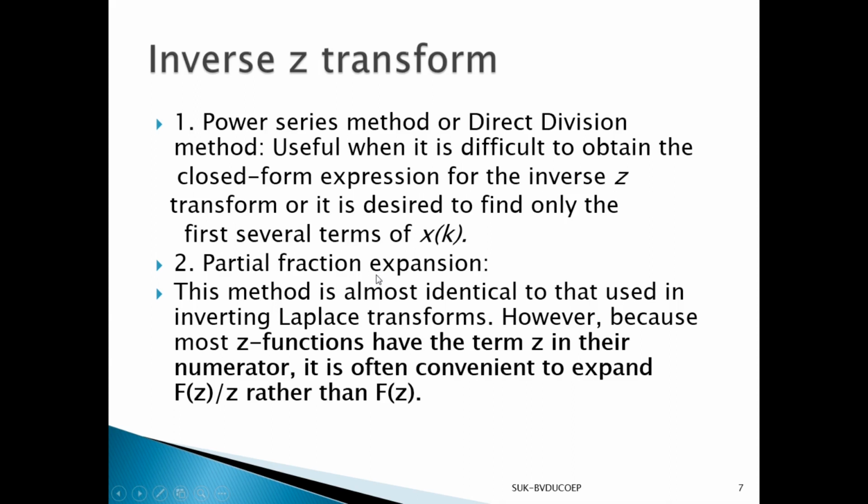So this method everybody knows, and this is easily applicable to find partial fraction expansion, which is generally used in the Laplace transform as well. But most z functions have the term z in their numerator. Therefore, it is often convenient to expand F(z) by z rather than F(z).